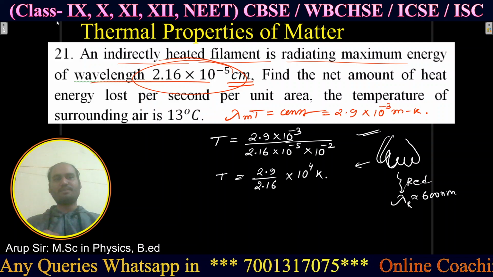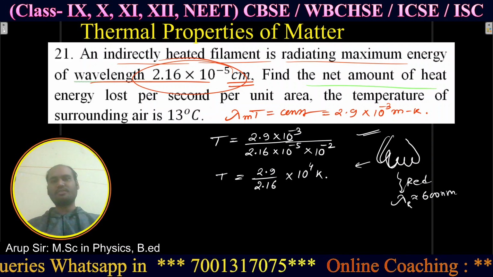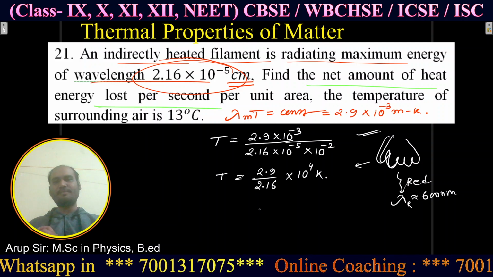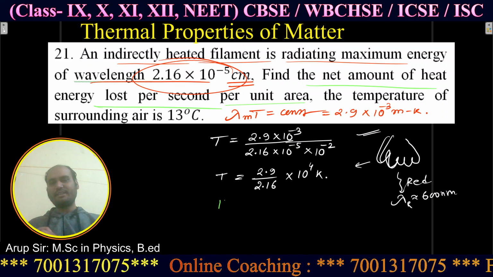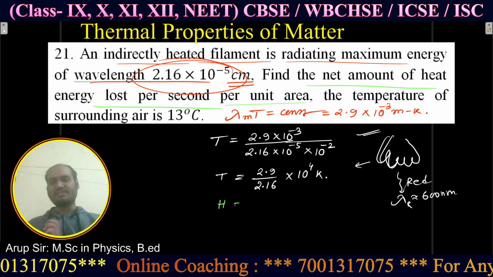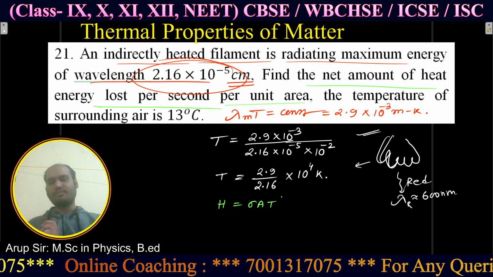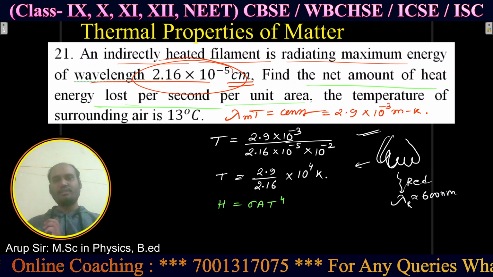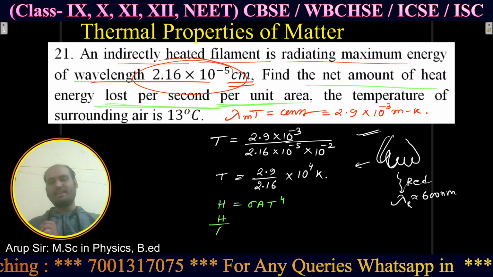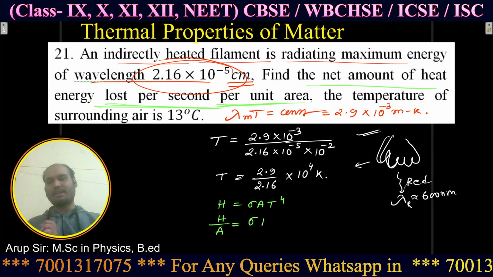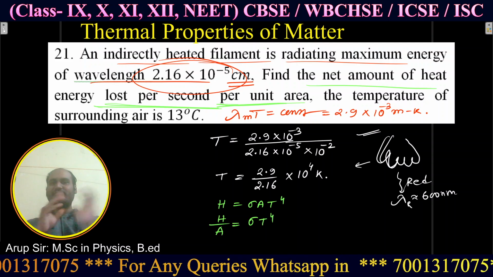Now the next part of the question is, find the net amount of heat energy lost per second per unit area. So they are asking about the net heat energy per second, which is sigma A T to the power 4, but per unit area also, meaning H by A, which is sigma T to the power 4, the radiating energy.